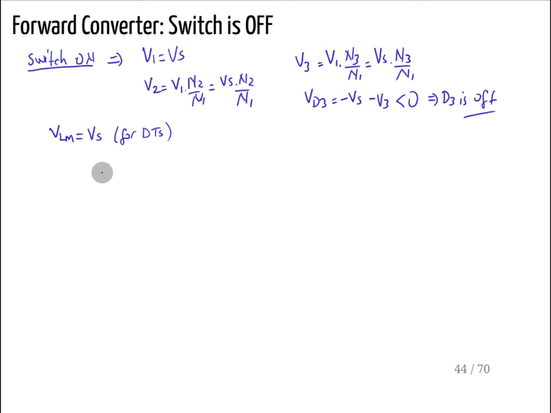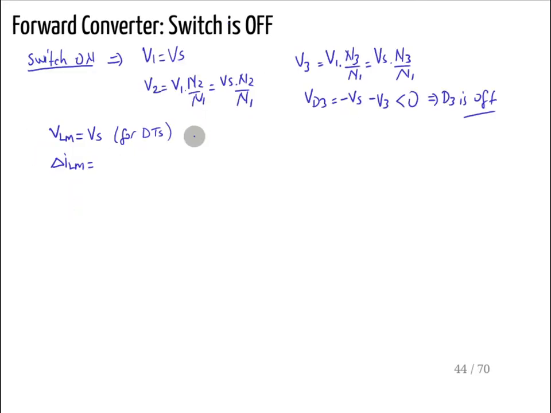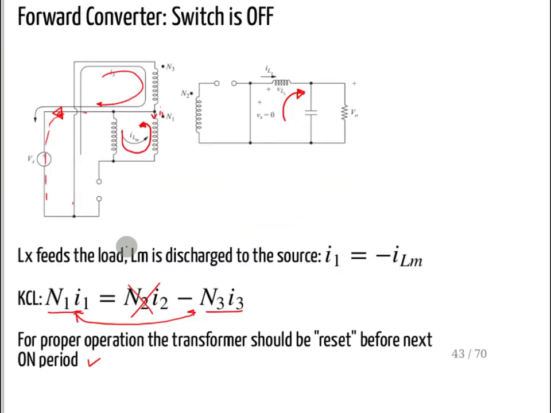The change in LM current during that period depends on the time the switch is on, so you can write Vs times D Ts divided by LM. That is the amount of charge that you need to get rid of during the off time.